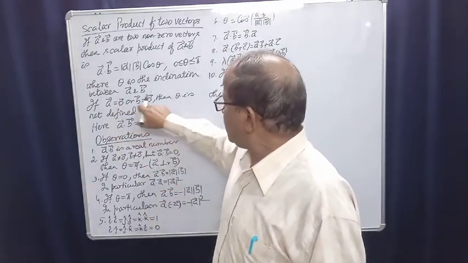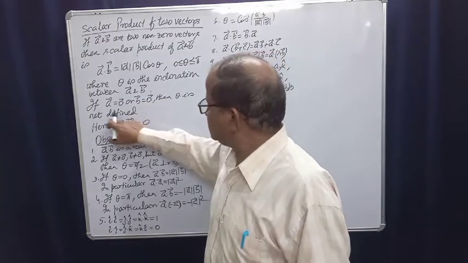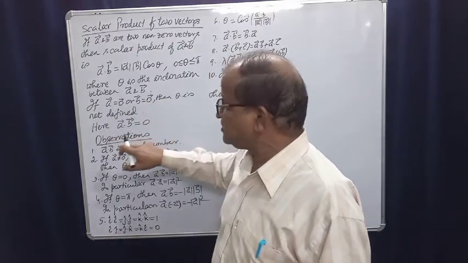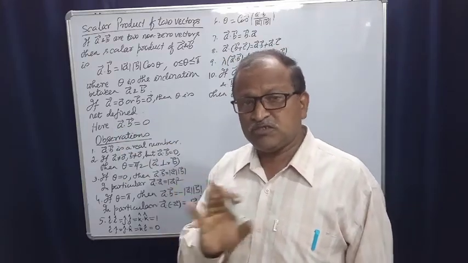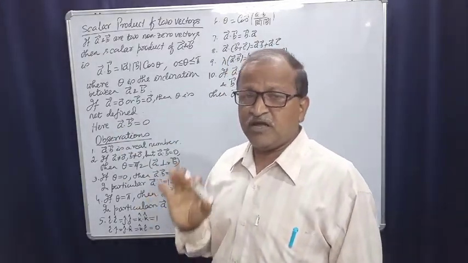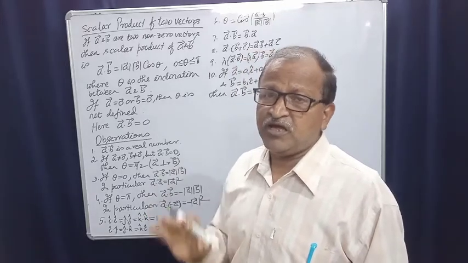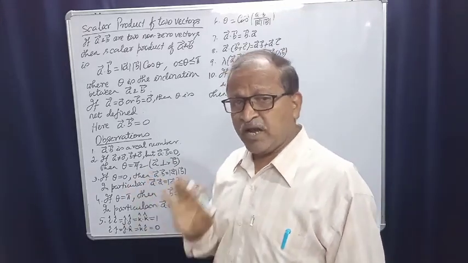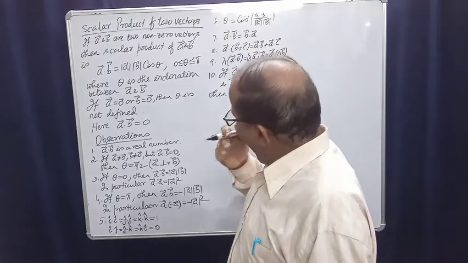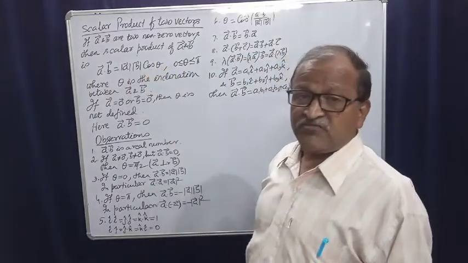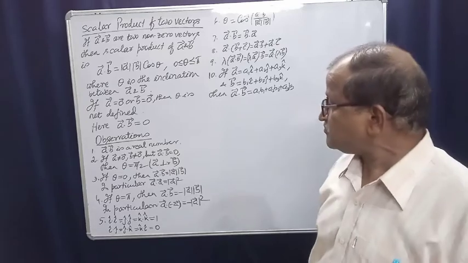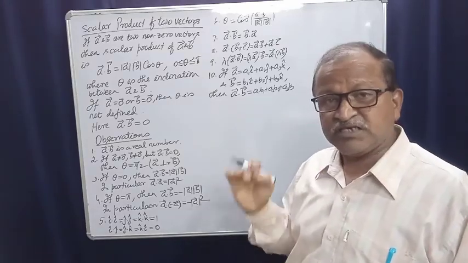If A is 0 or B is 0, then theta is not defined in this case. The scalar product of A and B is taken as 0, though cos theta is not defined here, because theta is not defined.